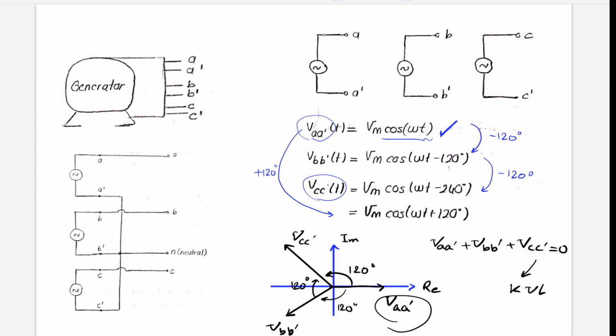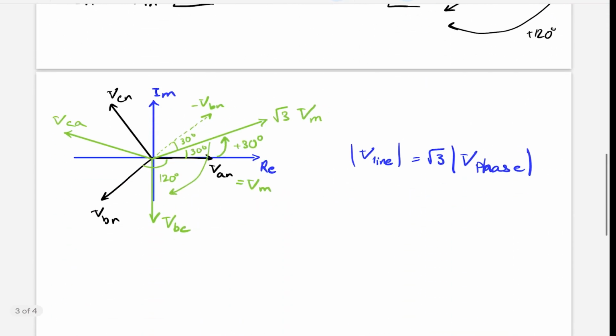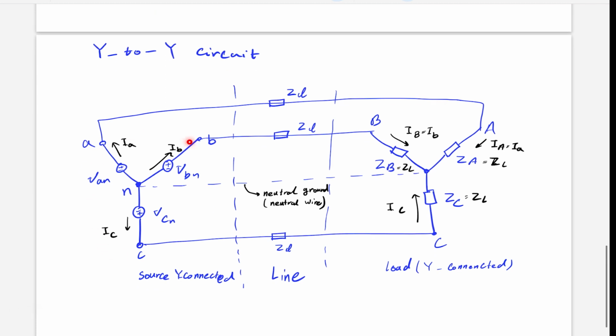This is the generator side. So this is our generator or source side. And now let's consider when our load is also in the form of Y. So our source is in the Y form and our load is also in the Y form as well.